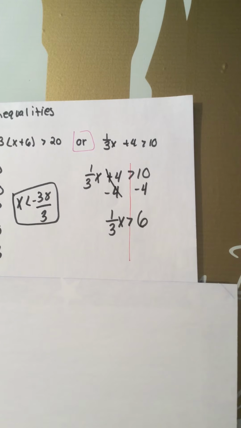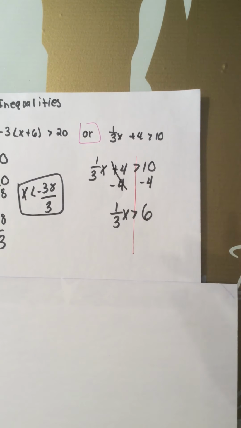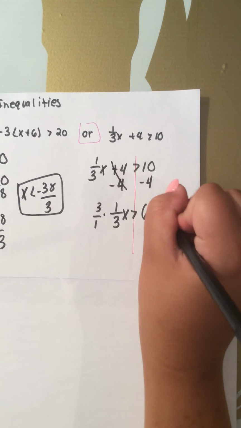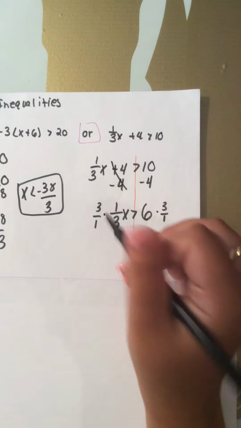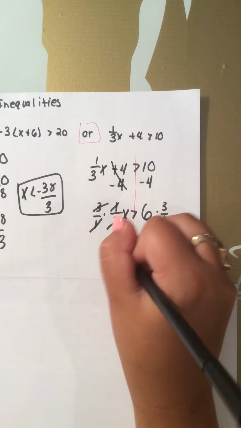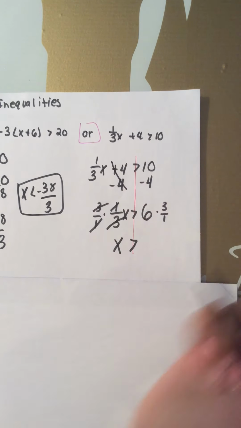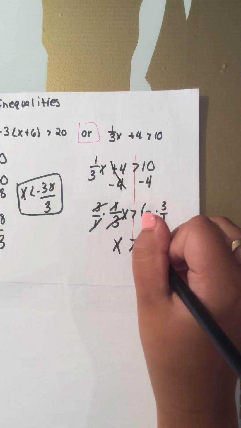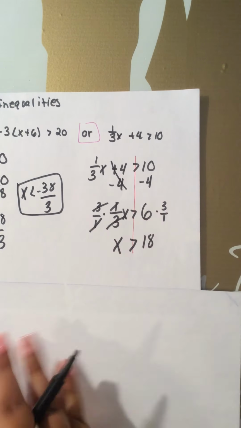Now here's that tricky part, because I know you guys don't like fractions. So to undo a fraction, I'm going to multiply by 3 over 1. And the reason for that is the 1s are going to cancel and the 3s are going to cancel. So I'm left with x is greater than, and remember it was positive, so I don't need to change the sign. And 6 times 3 is 18. 18 over 1 is just 18.